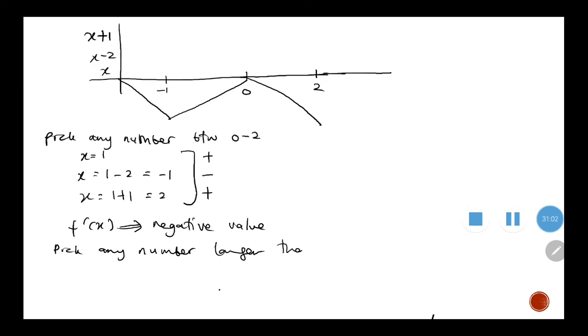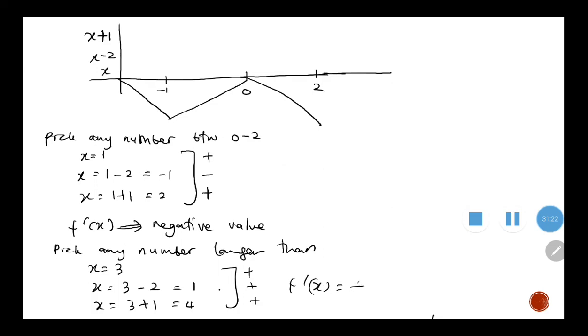I want to choose 3. 3 minus 2, you will get 1, and 3 plus 1, you will get 4. So this is easy, right? Clear cut. So f prime x is a positive value. Positive value means increasing. So this is how you should do it.